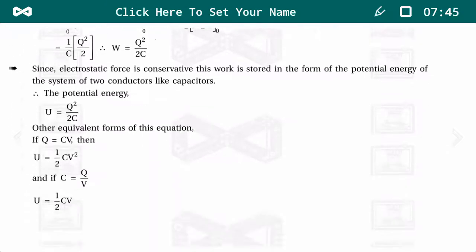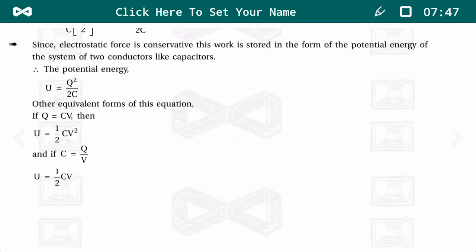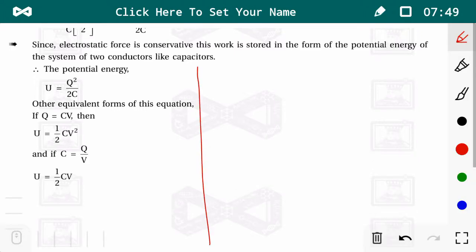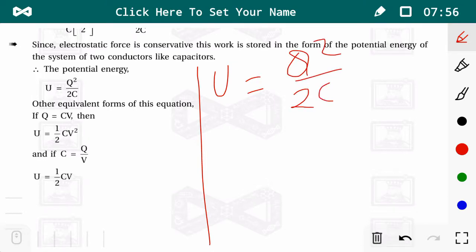So there are three different forms of U. U is equal to Q square upon 2C.